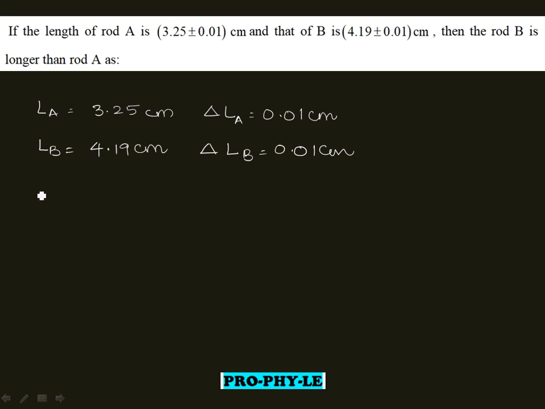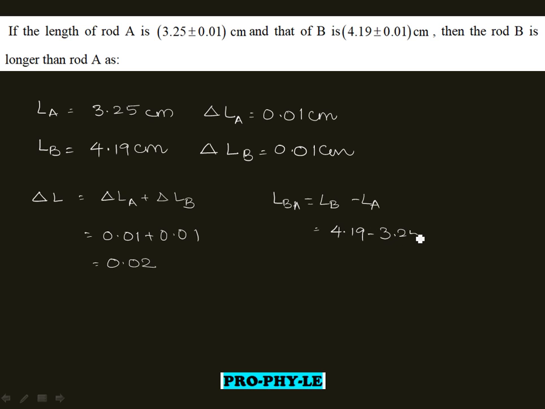Now, among these two, if you are asked to identify how much rod B is greater than A, then delta L will be equal to delta LA plus delta LB, which is 0.01 plus 0.01, that is 0.02. And you are asked to identify LBA, that is LB minus LA, which equals 4.19 minus 3.25, and its value will be 0.94.